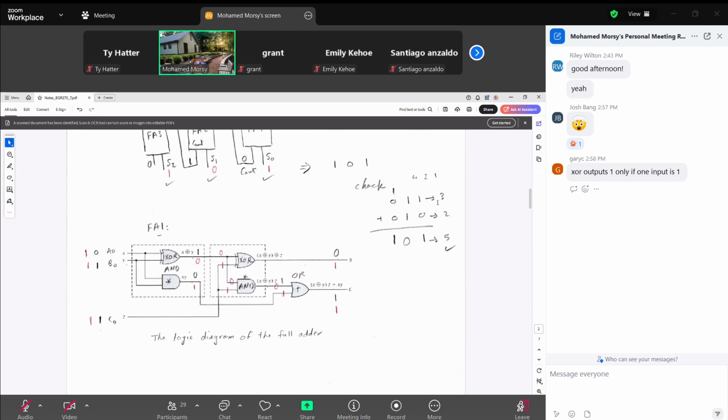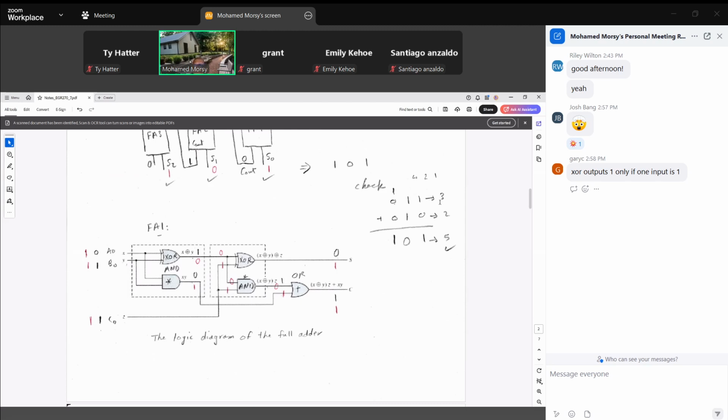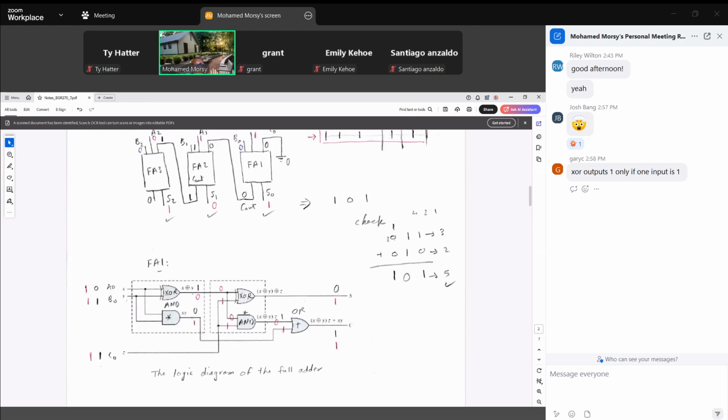So 1, 1, 0 represents decimal number 3. 0, 1, 0 represents 2. If we add 3 plus 2 is 5, and 1, 0, 1 in binary is 5 in decimal. So we are okay.